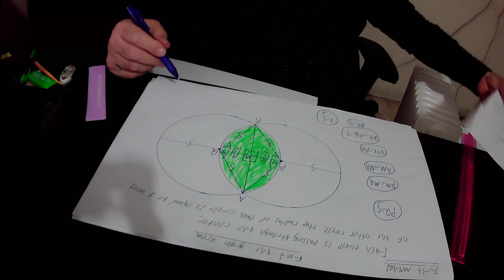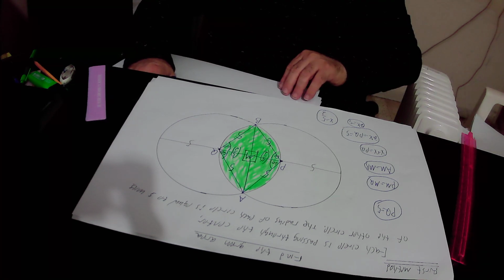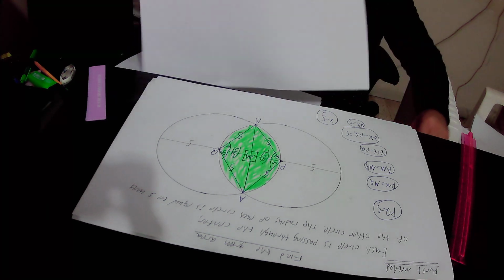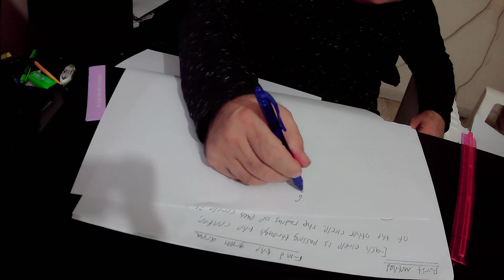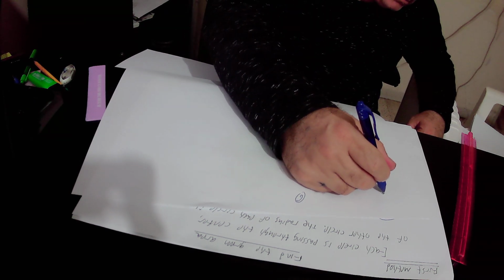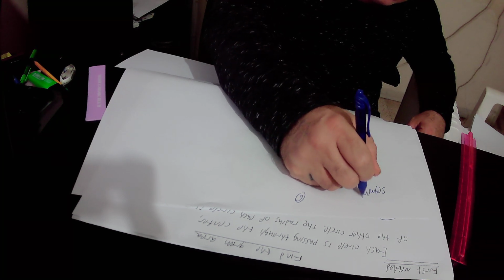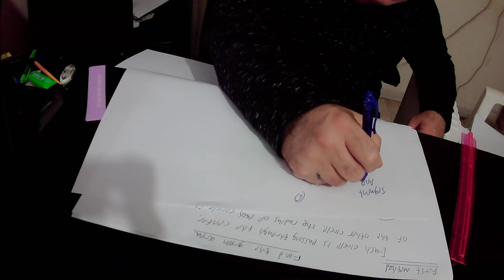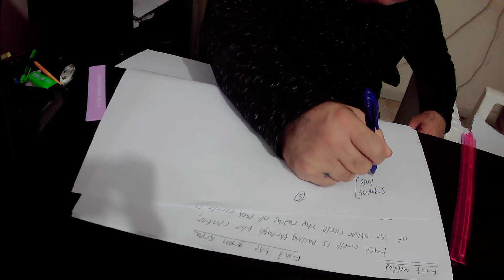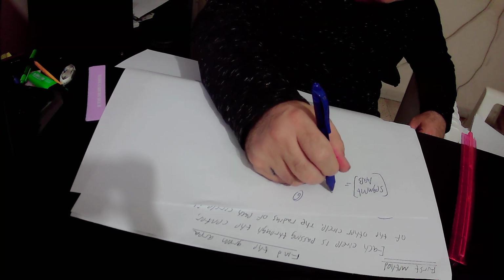I will write it down. So the area of segment AQB is equal to the area of segment APB.